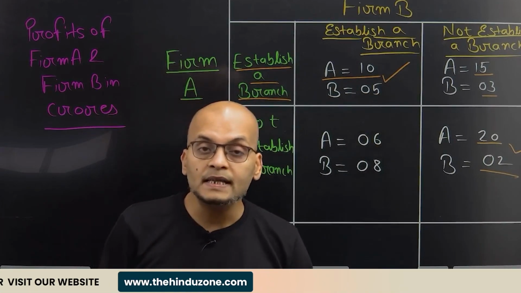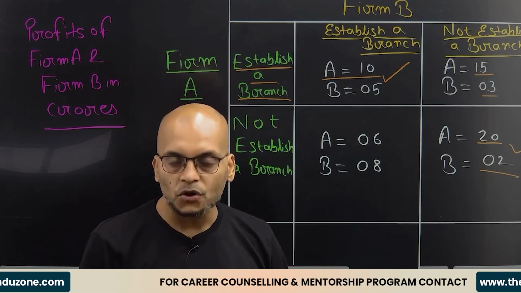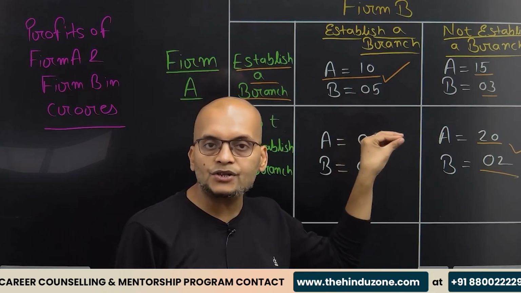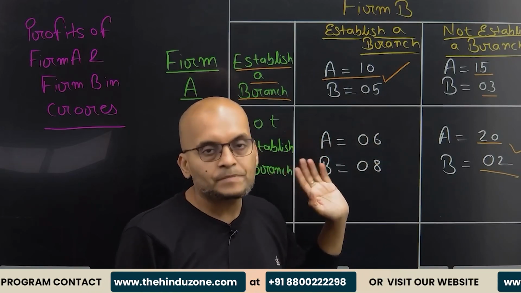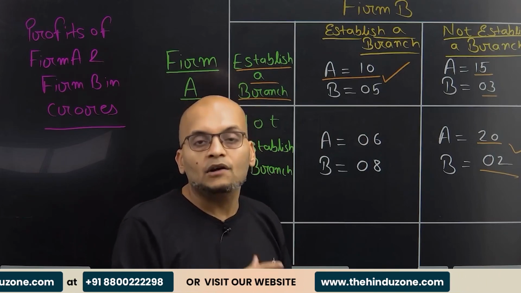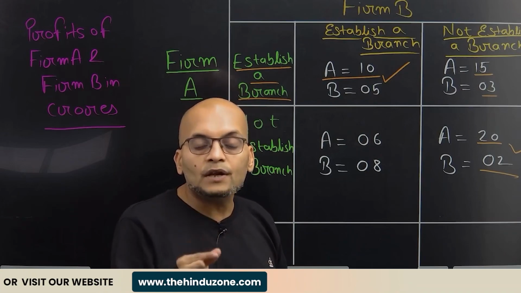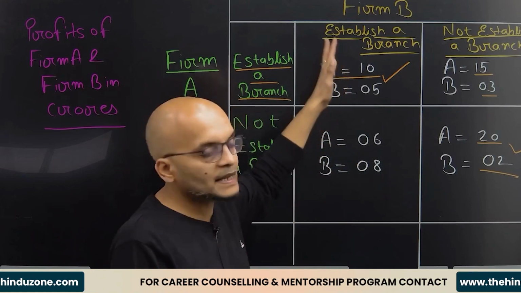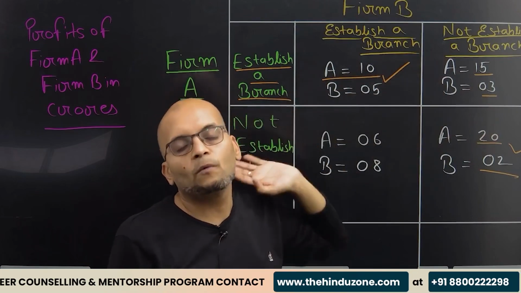Thereby, we see that there is no dominant strategy for firm A. Depending on the strategy of firm B, firm A is deciding for itself. Whatever is the strategy of the other player, in accordance with that, the firm decides which strategy will be better for it. In the first case, it opted to open a branch. In another case, it opted not to open a branch.